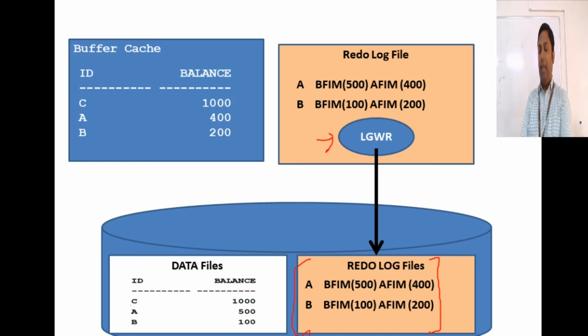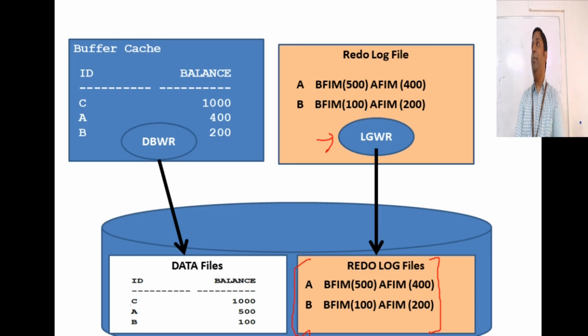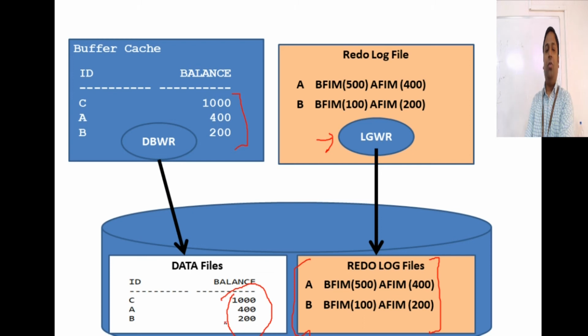Once that is done, next the database writer process will flush every changed value to your hard disk. So what is there in your hard disk until this point in time is the old value. Only when commit is reached, it's going to flush, and you see now the database got updated with the new values.